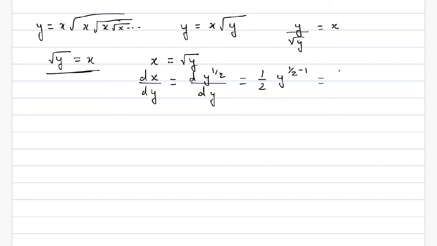So you can say this is 1 by 2 root of y, and that is nothing but our dx by dy. So our dy by dx should be equal to 2 under root of y, and if you want you can substitute your y, so that becomes 2 under root of x root x root x, and so on. So these are some wild questions that they might ask that have a special way of solving.